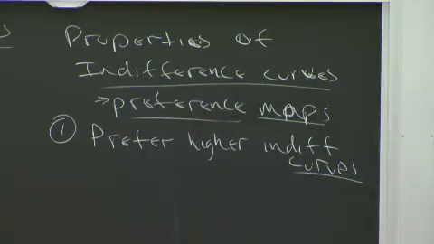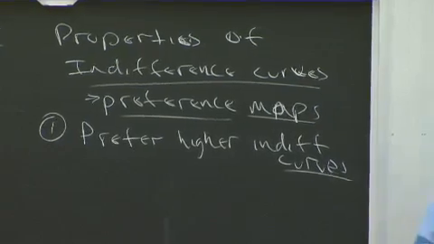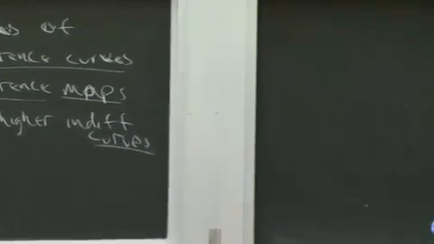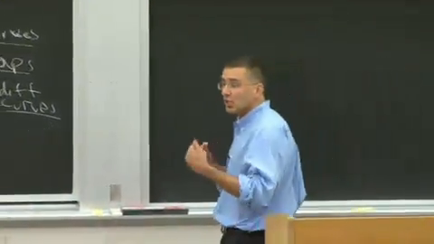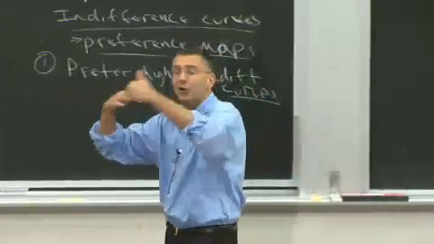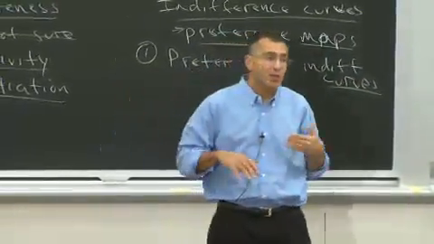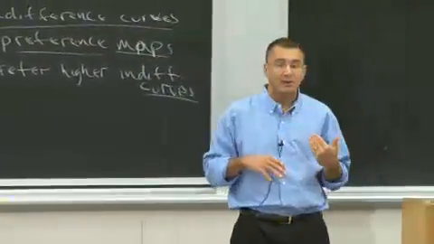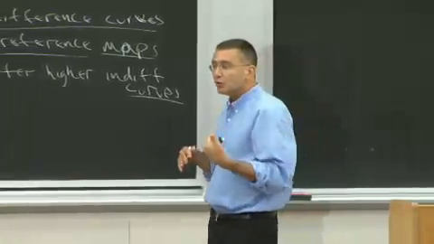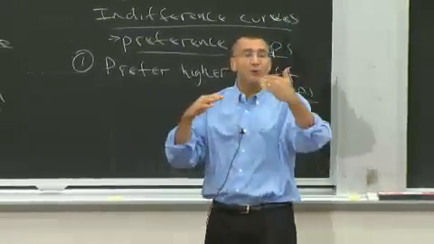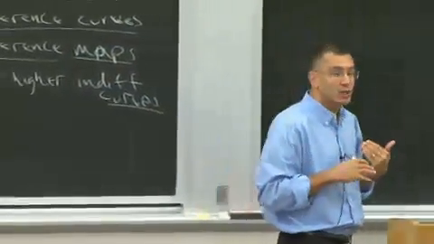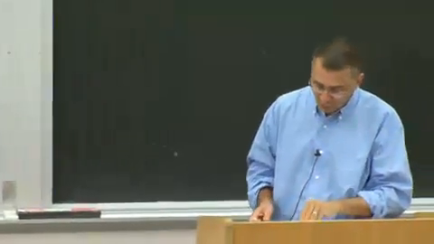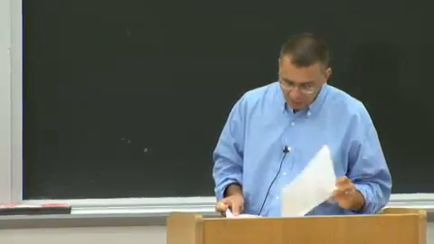What I mean by that is the further out the indifference curve is, the more you prefer it. This comes naturally from the non-satiation assumption. Given that we've assumed non-satiation, you must always prefer an indifference curve that's further from the origin, because it's more, and more is better. That follows directly from non-satiation.